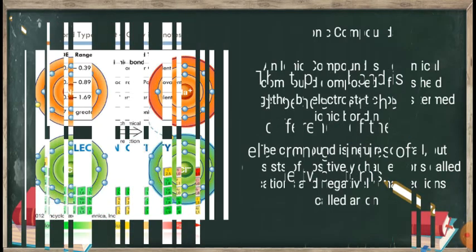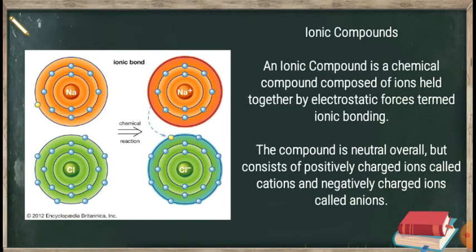So it means that the difference between the electronegativities of these two atoms is so high that one wants to give its electron to get a full shell. The other really wants to gain an electron so that it can also get a full shell.